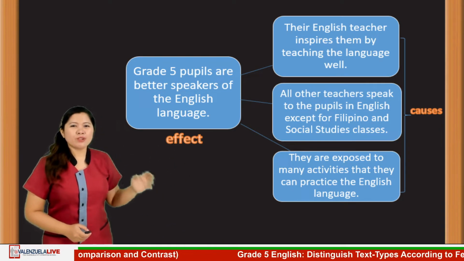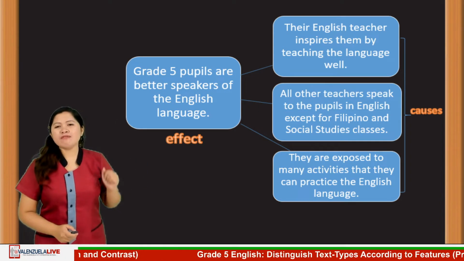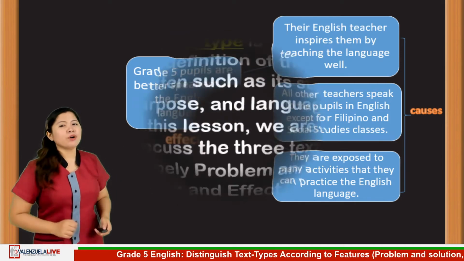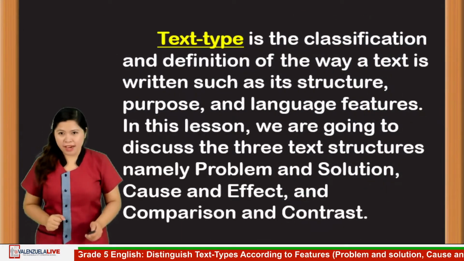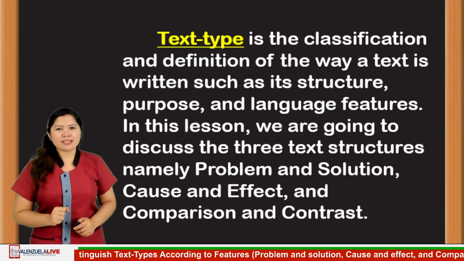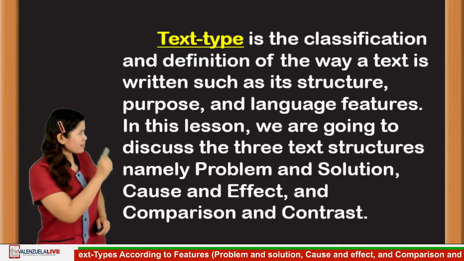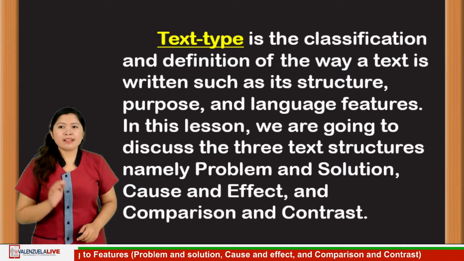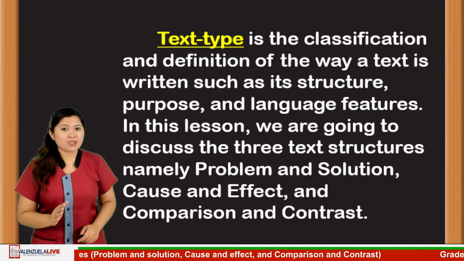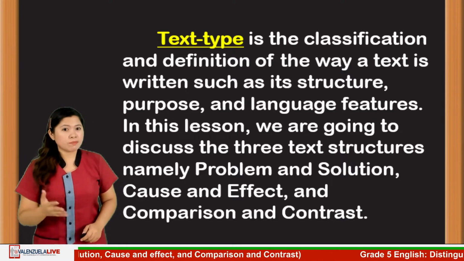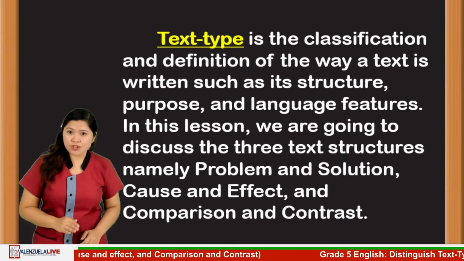Okay, so the paragraph that we have read and analyzed is another example of a text type known as cause and effect. Okay, so we have already discussed about text types. Now, text type, let me reiterate, is the classification and definition of the way a text is written, such as its structure, purpose, and the language features.